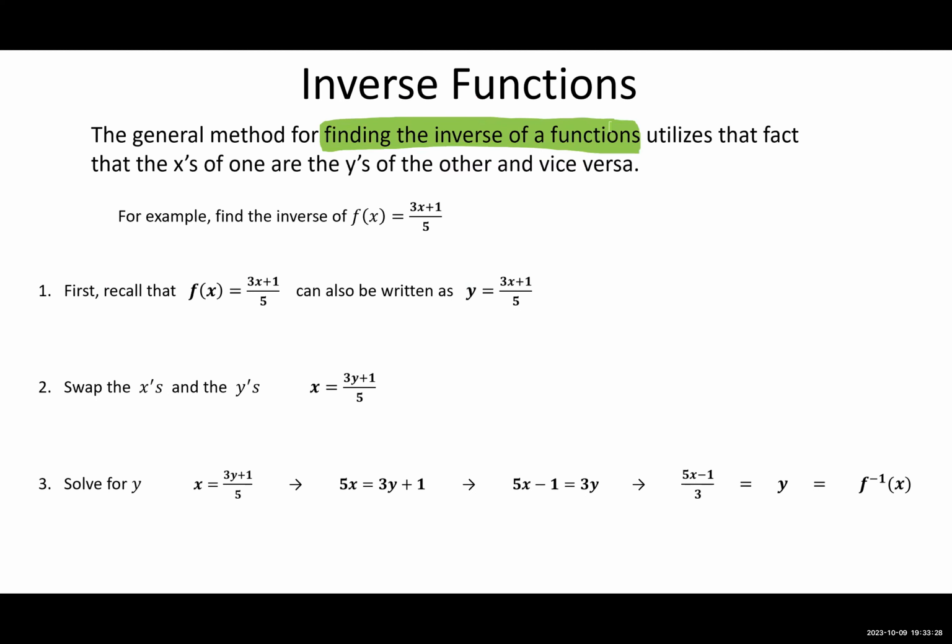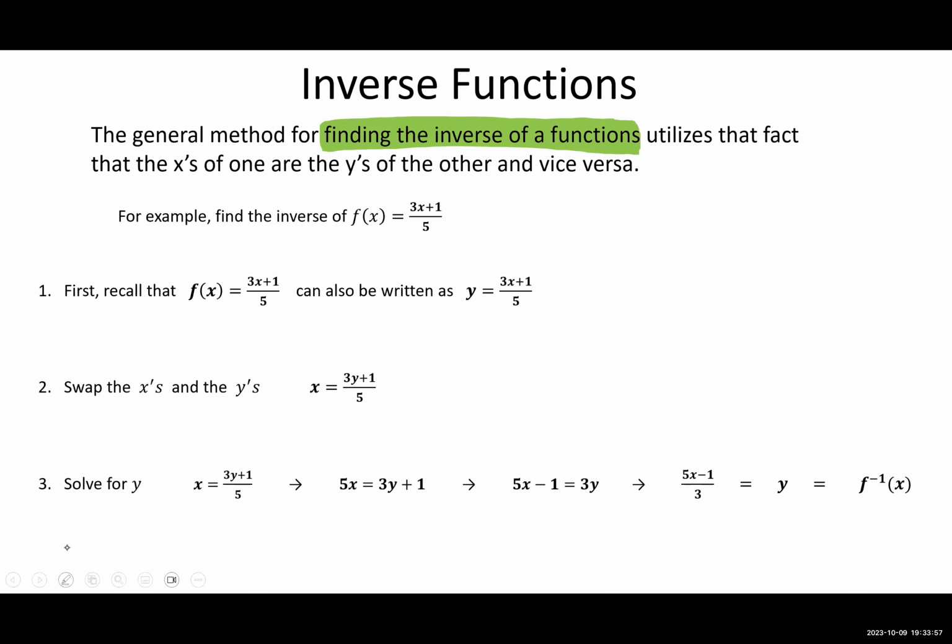The general method for finding the inverse of a function utilizes the fact that the inputs of one are the outputs of the other, and the outputs of one are the inputs of the other. So the domains and the ranges switch. So a good method, this is not the only method, but a good method for finding the inverse of a function.